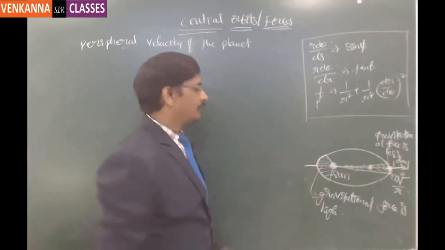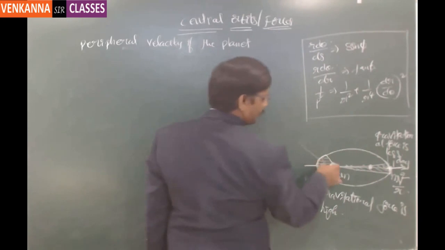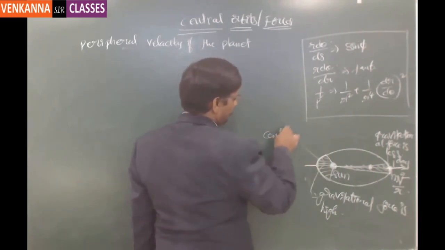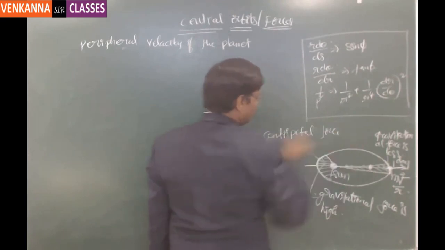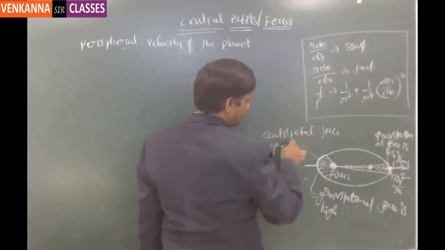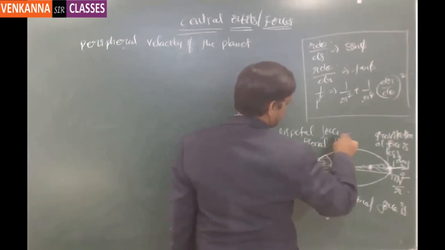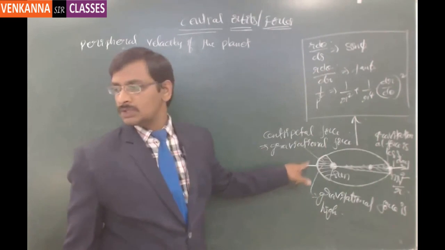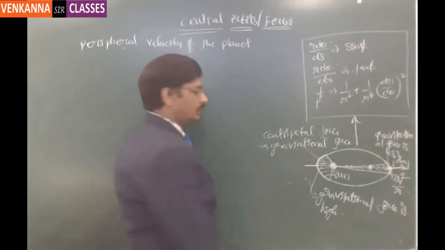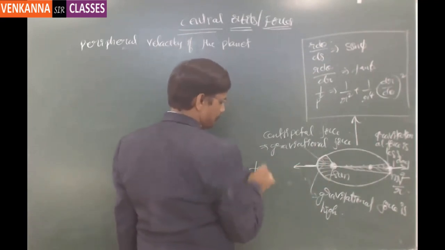Now here the attraction is very high, so the centripetal attraction, this gravitational force, is going to be high at this location. If it is high, then to balance the centripetal force, it has to travel with more velocity.